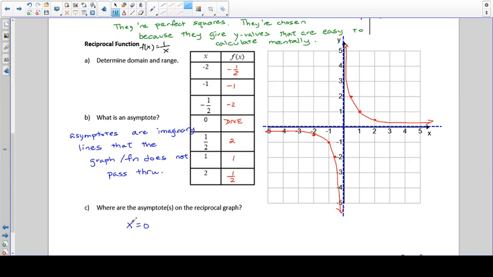That's the line equation for the vertical asymptote. And over here, this is a horizontal line. To describe a horizontal line in grade 9, you always use y equals. In this case, because it is on the x-axis, it's going to be y equals 0. So this is the equation of the horizontal asymptote.